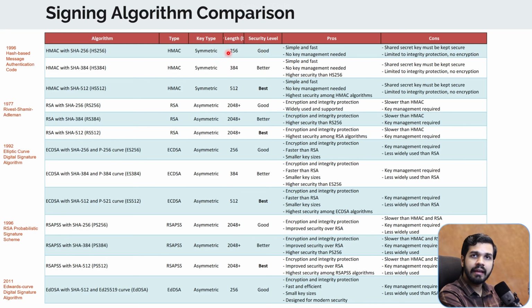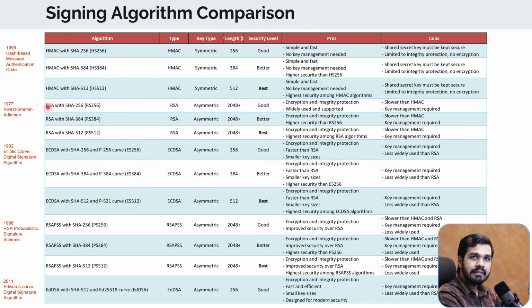There are 384 and 256 variations, but their strength is less, because as the key length decreases, they become susceptible to attacks, right? So that is the HMAC 512, and we have used it.